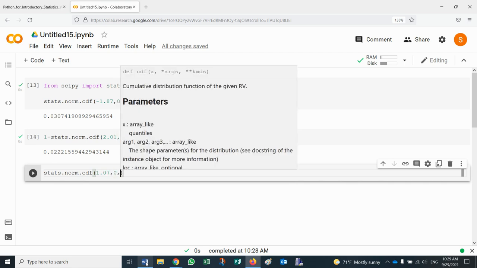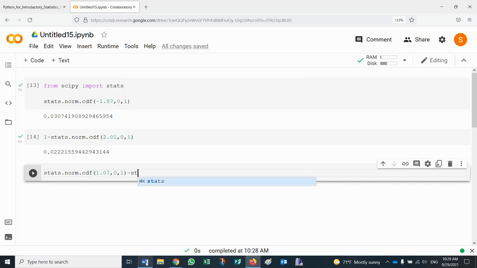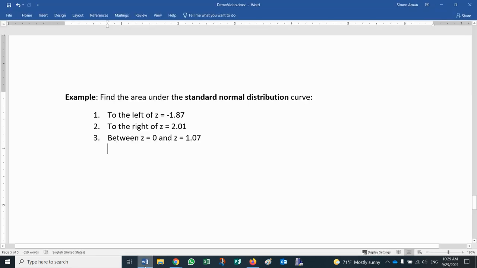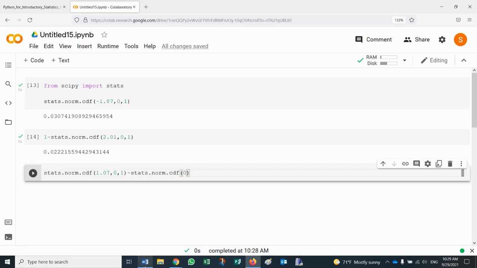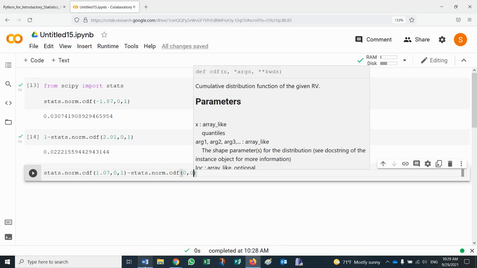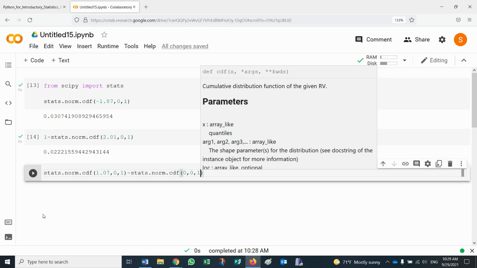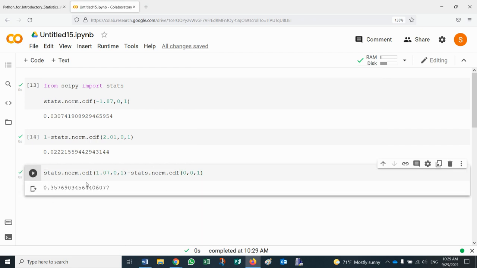With mean 0, standard deviation 1, and then subtract from stats.norm.cdf, now to the left of the first number, which is 0. So 0 with a mean of 0 and standard deviation of 1. And the difference between the two will give us the correct answer.